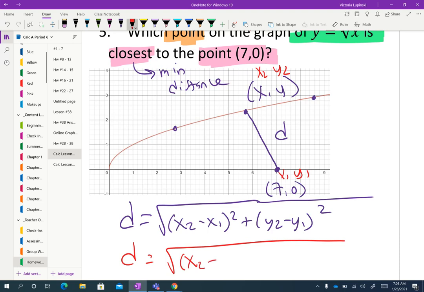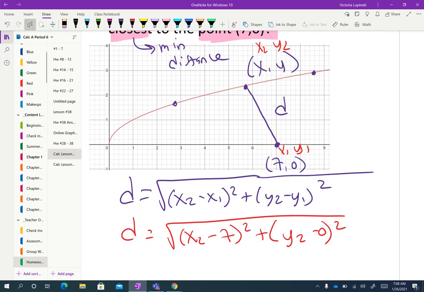So I'm going to start by plugging in just my numbers. So x2 minus 7 squared plus y2 minus 0 squared. Then I'm going to sub in x2. So x2 is really just x minus 7 squared.